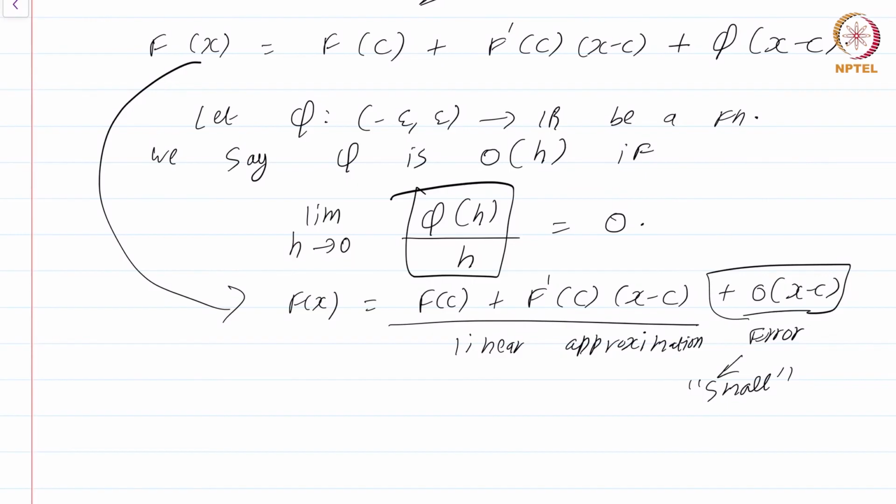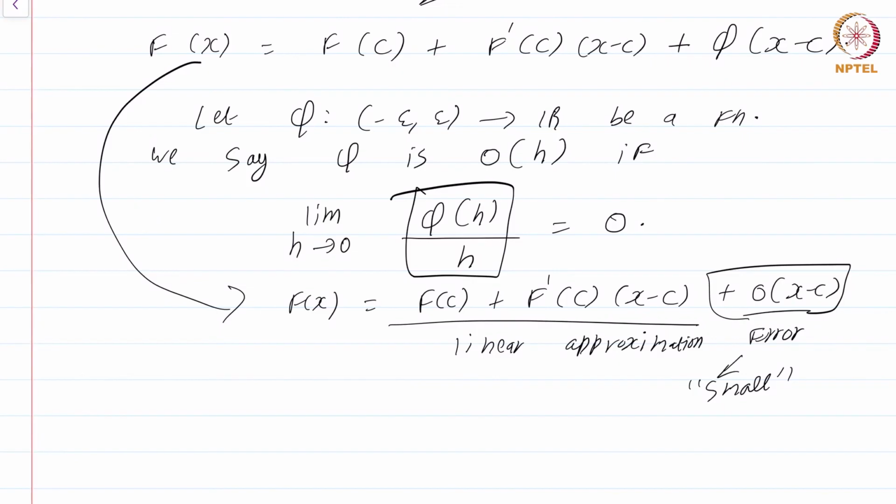Only then will the limit as h goes to 0 of phi of h by h be equal to 0. It's not just smaller, it's much smaller than h, so that when you take the quotient, you still approach 0. Usually dividing by 0 leads to infinity, but that's not what is happening. You're getting limit 0. So that's quantifying how small the error term is.